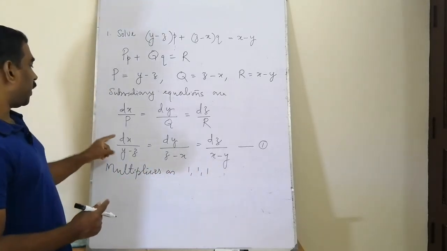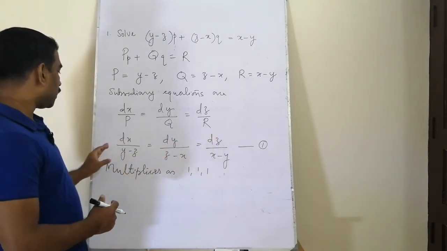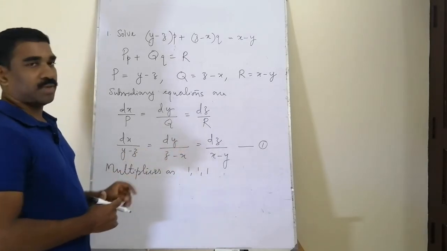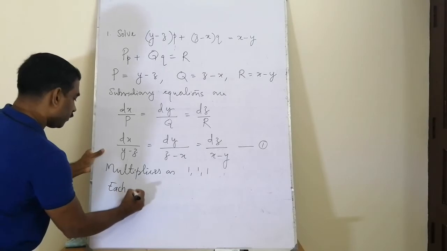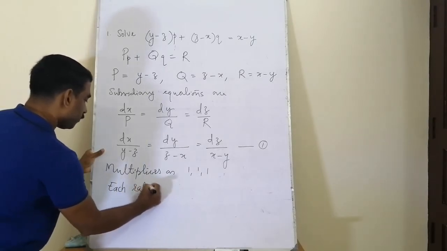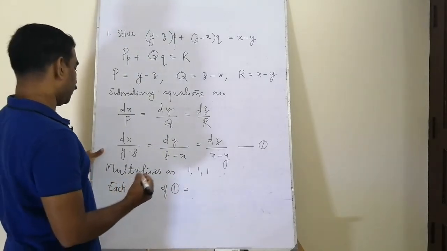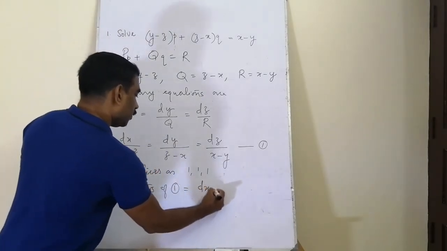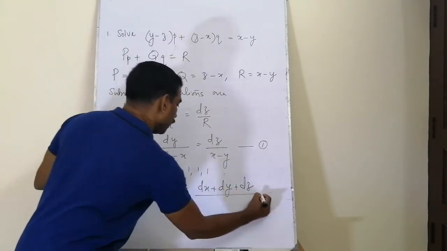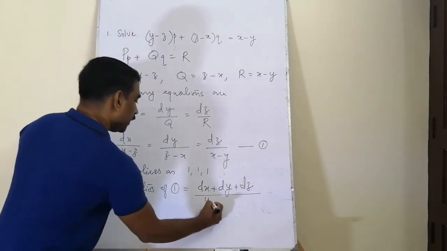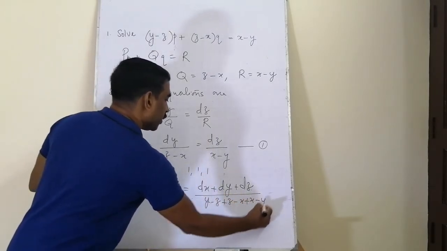That means we are multiplying all numerators and denominators with 1 and adding them together. Each ratio of expression 1 is equivalent to dx plus dy plus dz divided by y minus z plus z minus x plus x minus y.